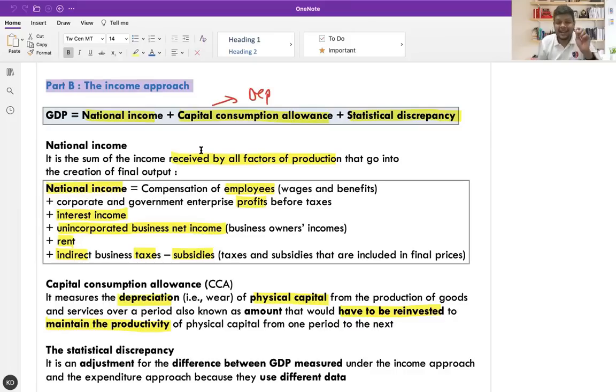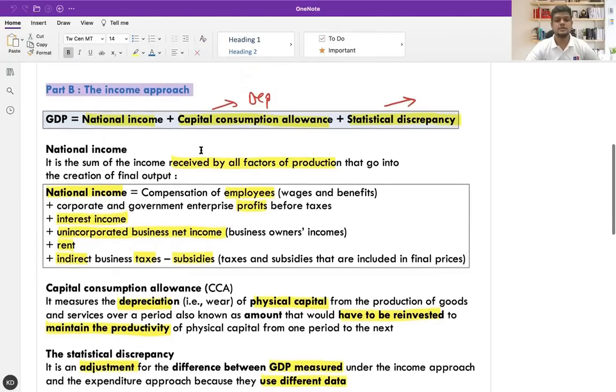Therefore, you have one additional thing in the calculation of GDP using the income approach, that is the statistical discrepancy. By the name itself, you must have gauged what a statistical discrepancy is. It is an adjustment for the difference between the GDP measured using the income approach and the expenditure approach because of the different data. Is that clear?